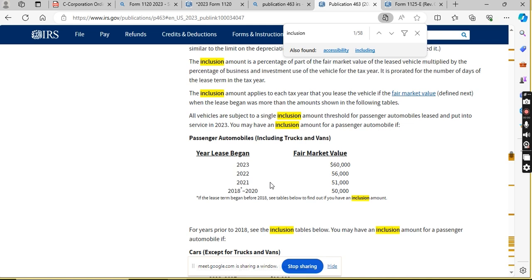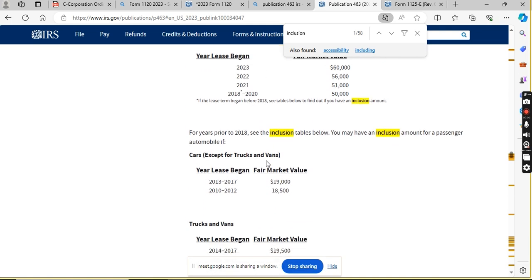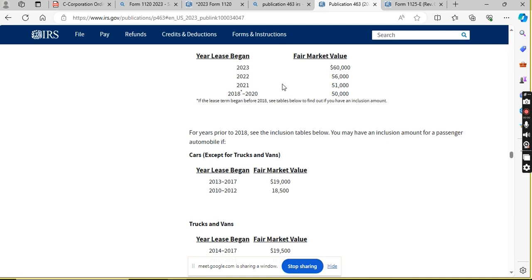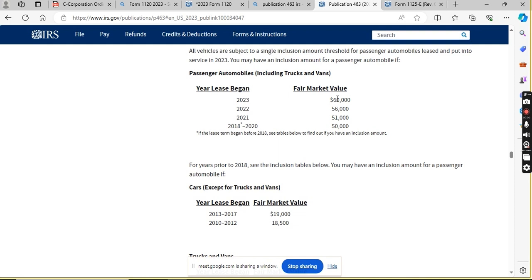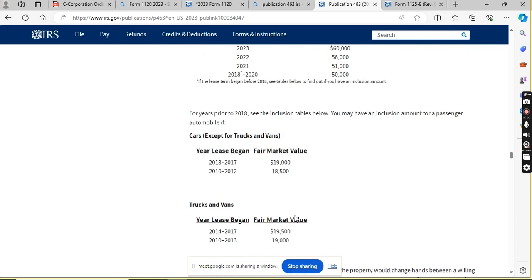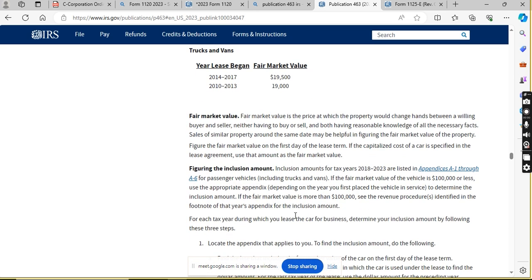This table is specifically for cars, trucks, or vans that you may take on rent. These are the figures where inclusion amount can apply. If the fair market value of the car or van is $60,000 in 2023, so if the lease begins in 2023 and the fair market value of that particular truck or van is more than $60,000, or if it is a car, then if it is more than $19,000, you have to deduct the inclusion amount.